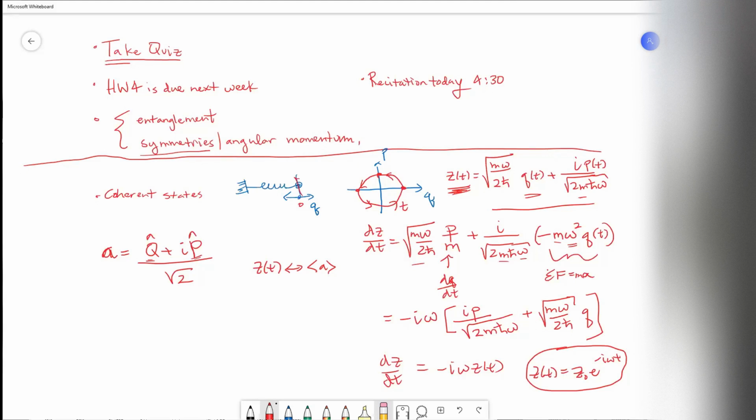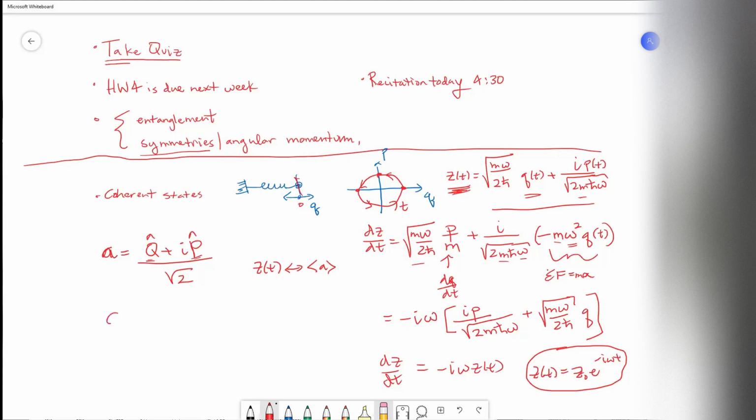But coherent states are basically the quantum mechanical version of this kind of circular motion, or at least trying to take advantage of that conceptualization of the harmonic oscillator in order to derive some interesting properties.